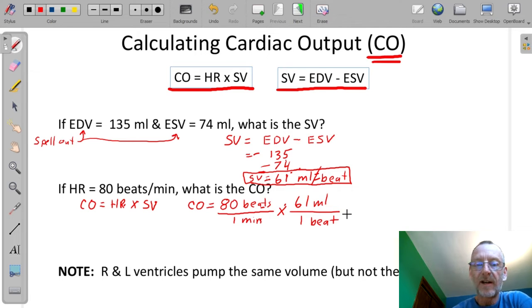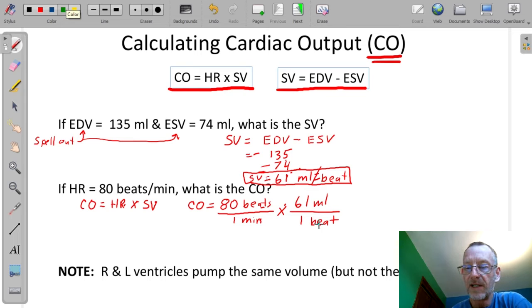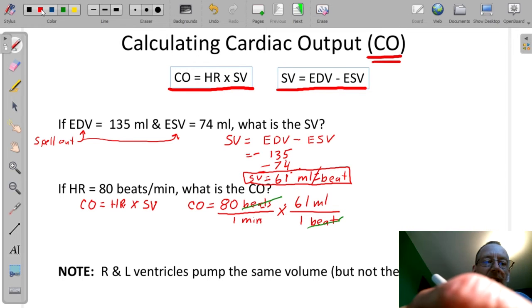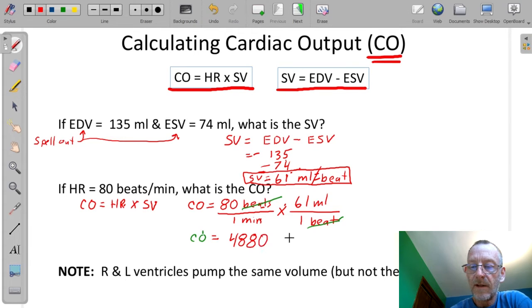So we're set up there, and then we can cancel the beats, and we're left with mils over minutes, and when we multiply those together, we get cardiac output equal to 4880. What are the units?